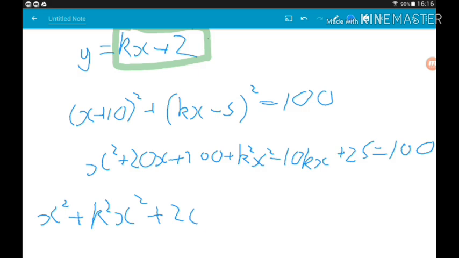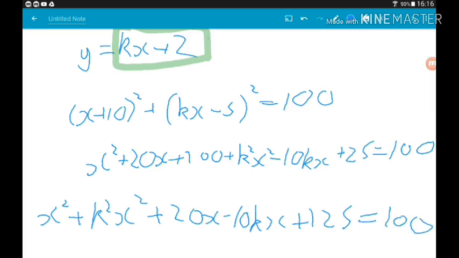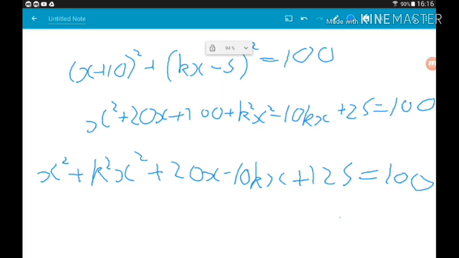We've got plus 100, and then plus 25. So that is plus 125, and that is all equal to 100. So now we can go through and factorise a bit.